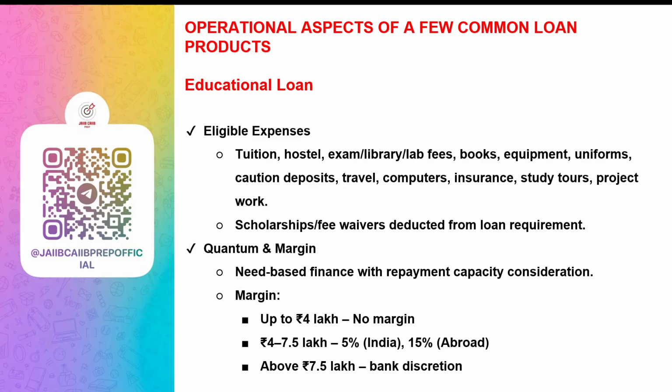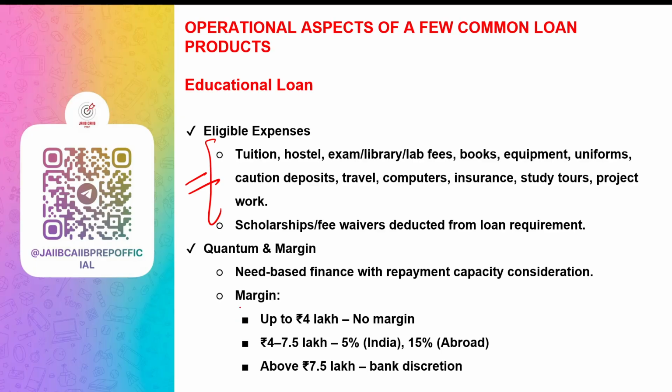Eligible expenses include college fees, library and exam fees, book fees, uniform fees, caution deposit, building fund, travel, computers if essential for the course, insurance premium for the student borrower, and any other course related projects. So all the course related projects are more or less included.